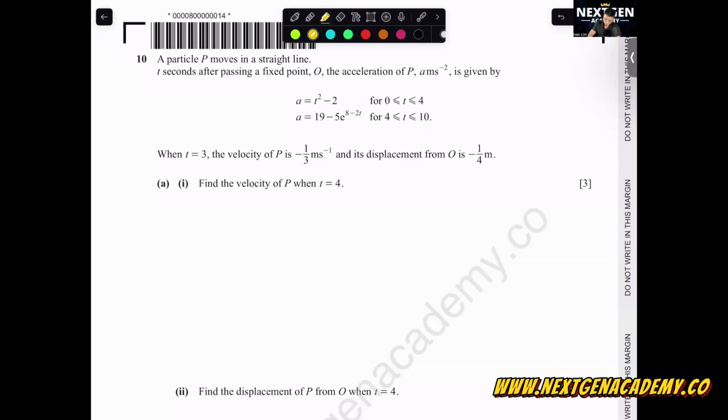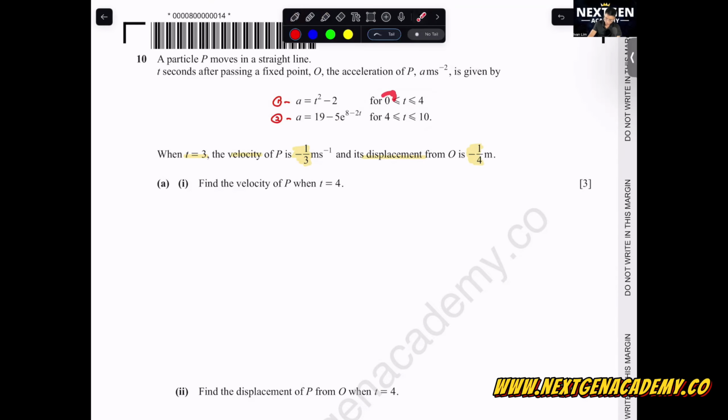When t equals 3, the t is inside the first time frame, velocity is equal to negative 1 over 3. Displacement is negative 1 over 4. First, they want us to find the velocity of P when t equals 4. You have two different acceleration equations, you need to select which one to use.